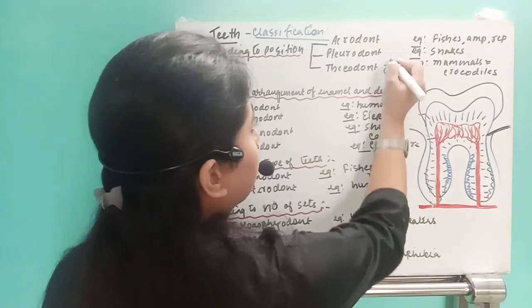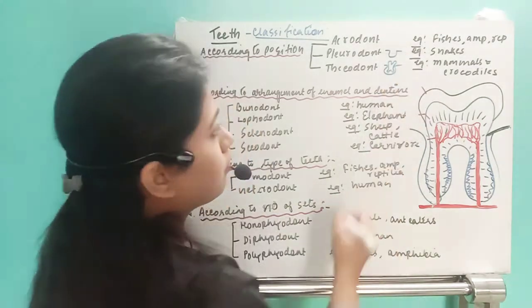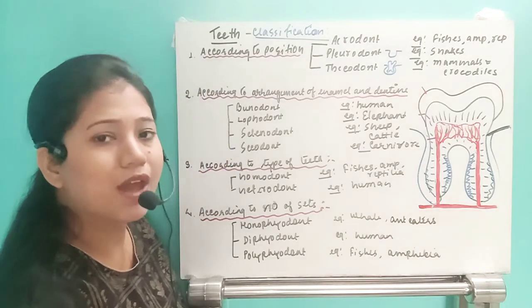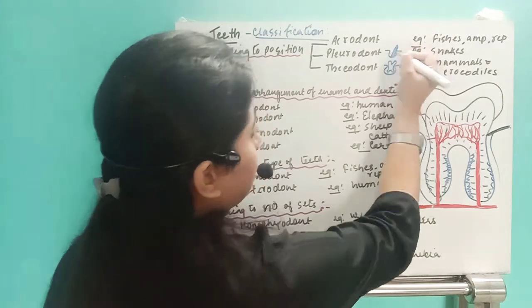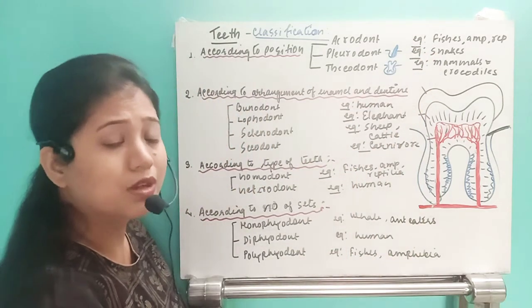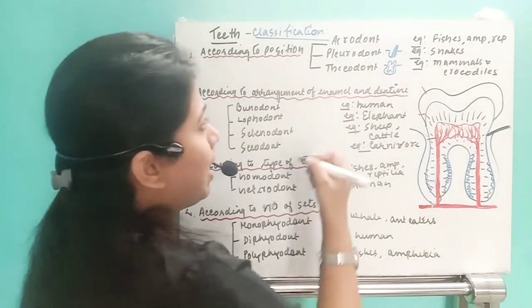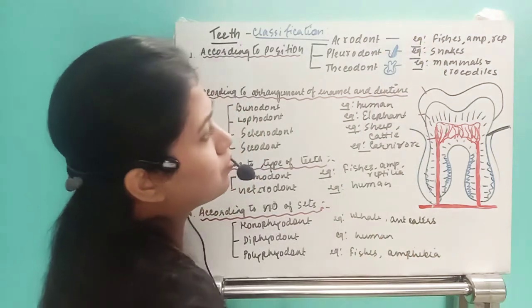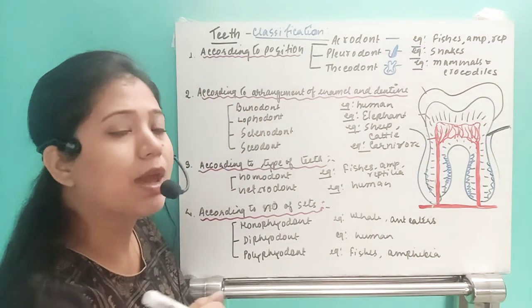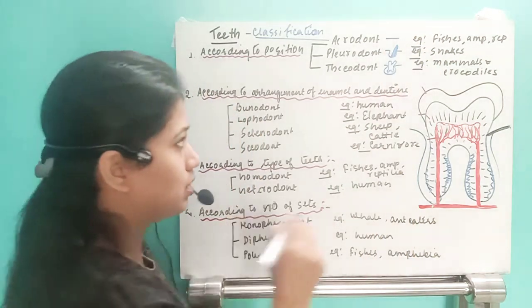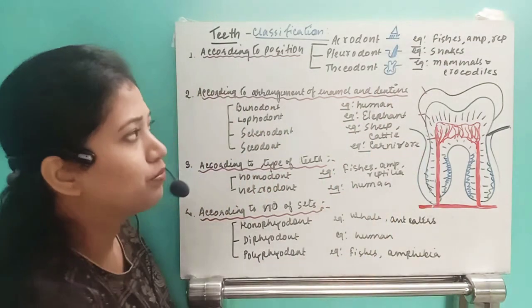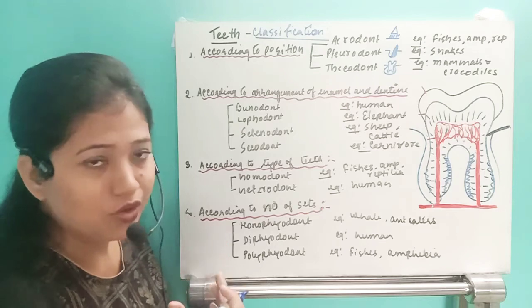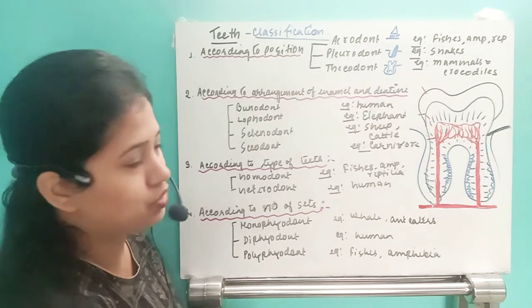Next one, pleurodont. In the case of the pleurodont type of teeth, the teeth have the socket, but only from one side the teeth is attached, and the other side remains free. Okay, and if it is the acrodont type of teeth, the teeth is not embedded into the socket directly. Superficially the teeth is attached to the jaws by just some fibrous tissues.